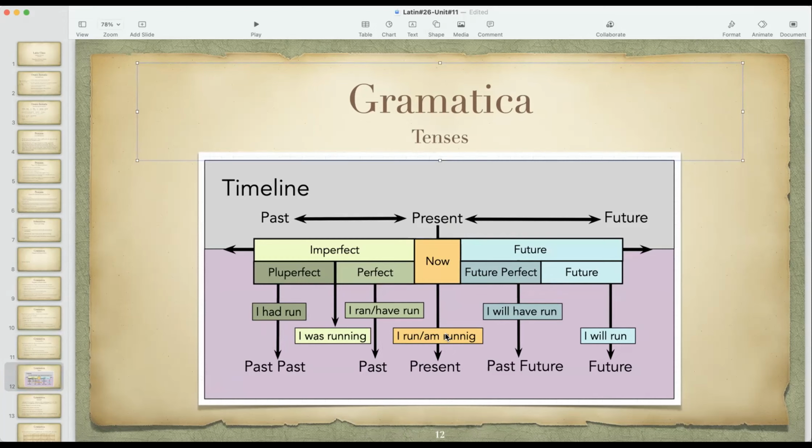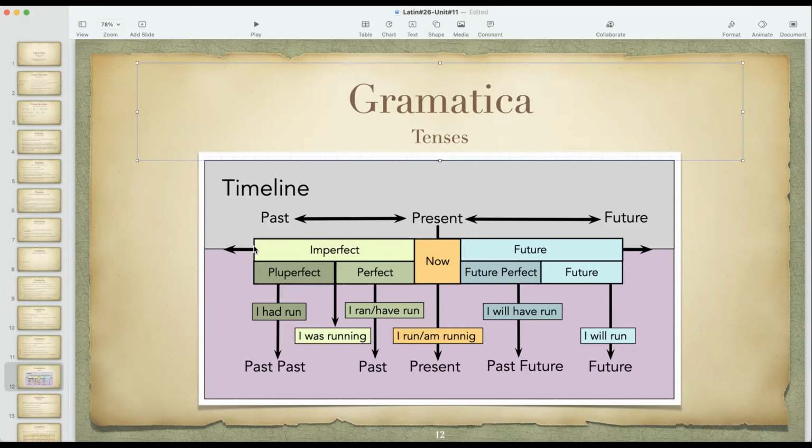And then the perfect, which is the past, would be I ran to the store, or I have run to the store. We can express the past either way. And then we have the imperfect, the I was running, which we had before.